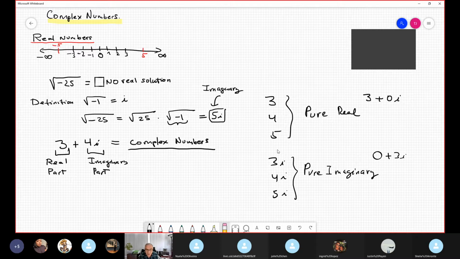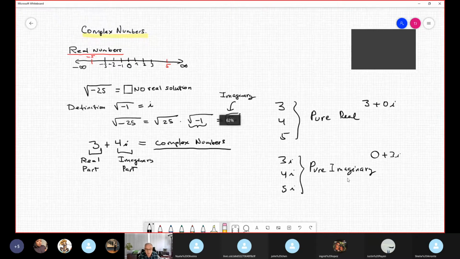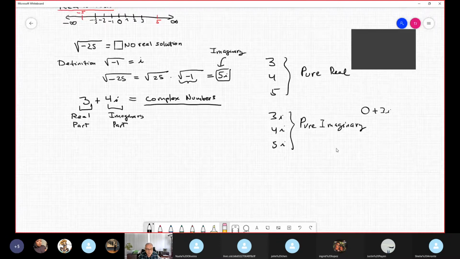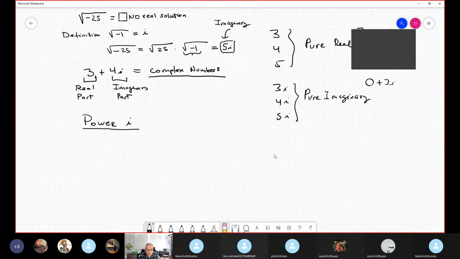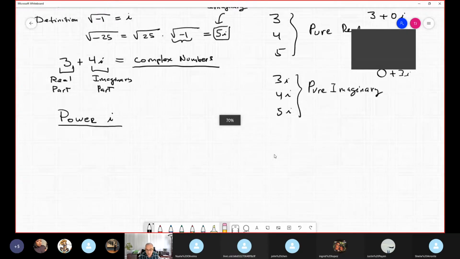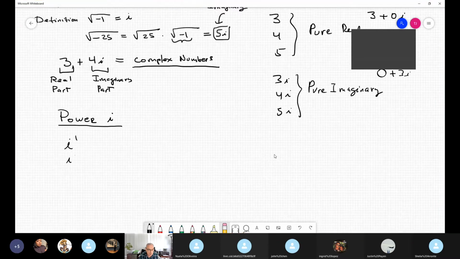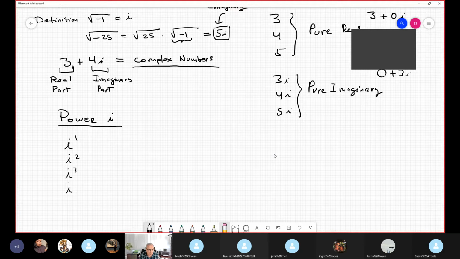One more thing that you need to know about the complex number. Let me try to explain the power of i. I want to investigate what's going on when you raise i to any power: i to the 1st power, i to the 2nd power, i to the 3rd power, i to the 4th power, and so on.